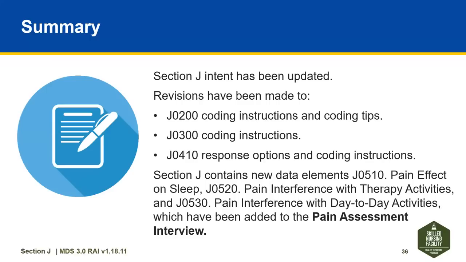Section J features new data elements, J0510, pain effect on sleep, J0520, pain interference with therapy activities, and J0530, pain interference with day-to-day activities, which have been added to the pain assessment interview.